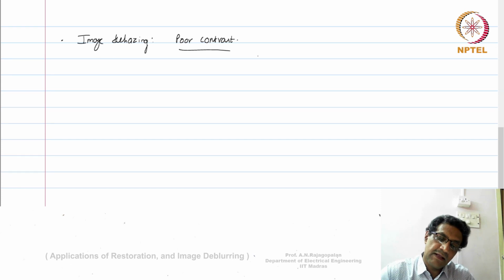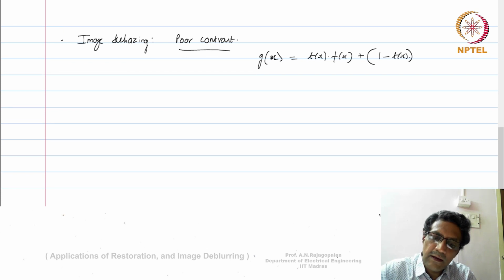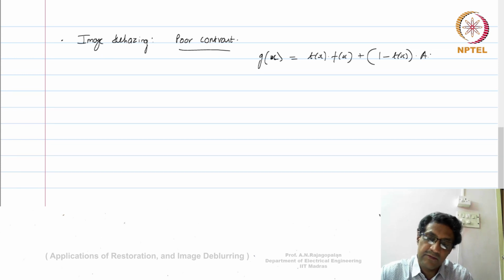You might say that my observed image g of x comes as t of x times f of x, plus 1 minus t of x, times A. This is the model for haze. f of x is your original clean image, which is what you would have liked to see.